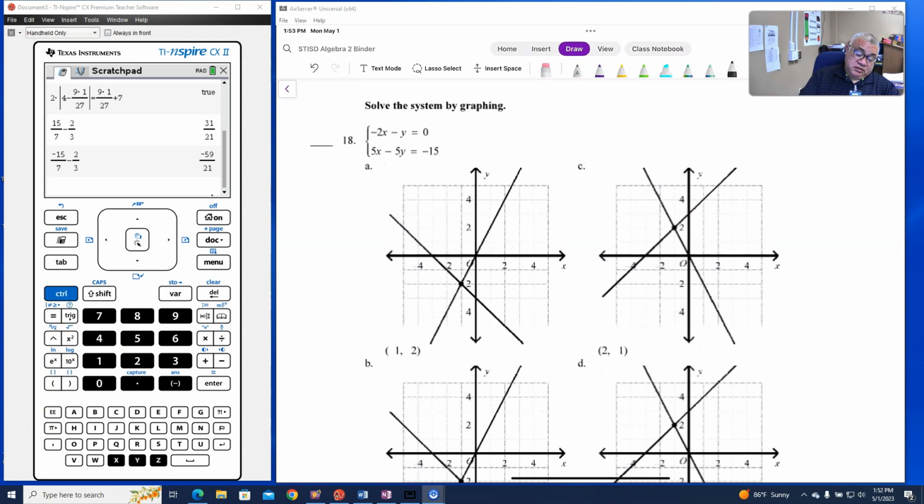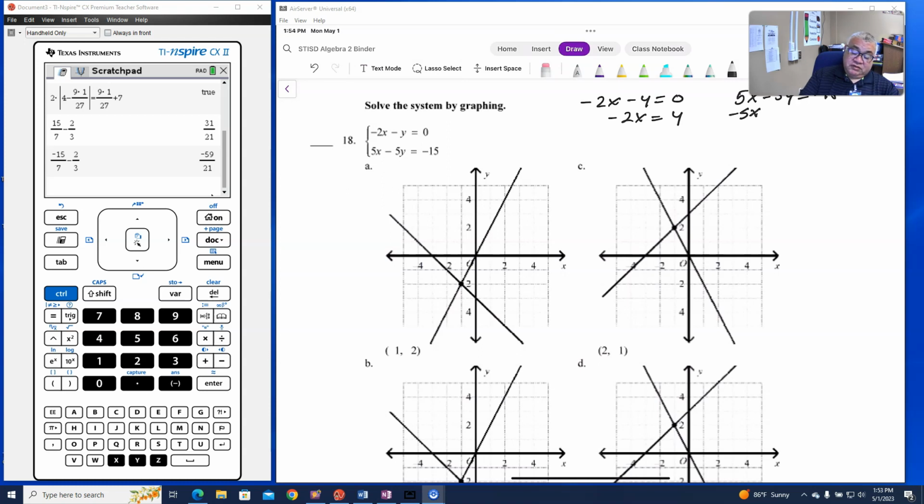So we're going to solve this system. We have -2x minus y equals 0. What I'm going to do is move the y to the right side. So you have -2x is equal to y. So there's my first equation. The next equation, I have 5x minus 5y equals -15.